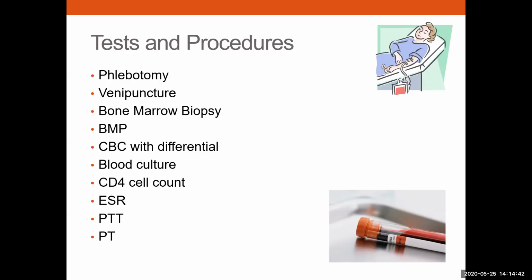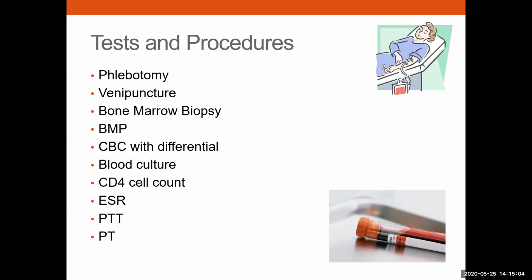We look at a CBC, a complete blood count, and with differential, it's going to break down the lymphocytes and granulocytes instead of just having, let's say, a lymphocyte, a monocyte. It might not be broken down if it's automatic versus a manual differential.